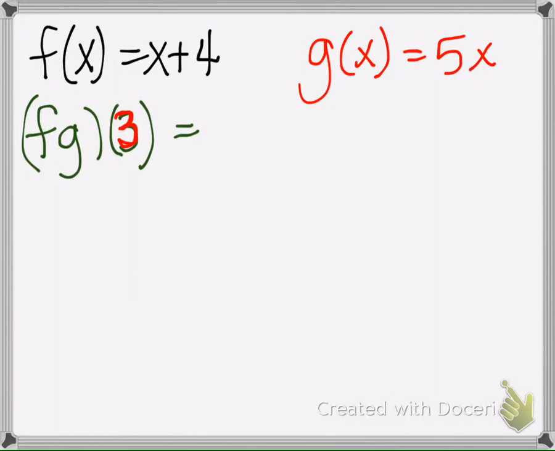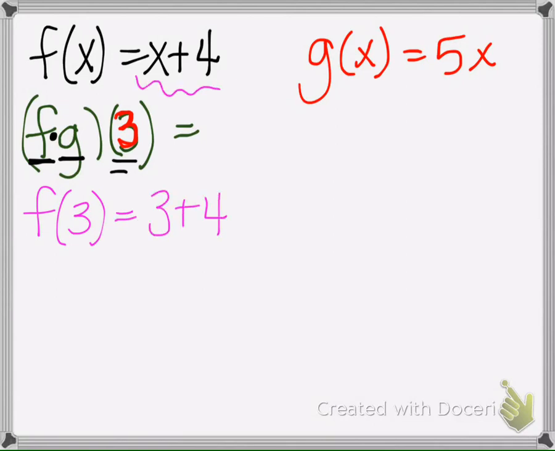In this problem, we are asked to take f and g, and since they're next to each other, it means multiply, and the x value we're going to substitute is 3. So one way to do it is to plug in 3 into both functions. So I'm going to take x plus 4 and plug in the 3 for the x here, and then take function g and plug in the 3.